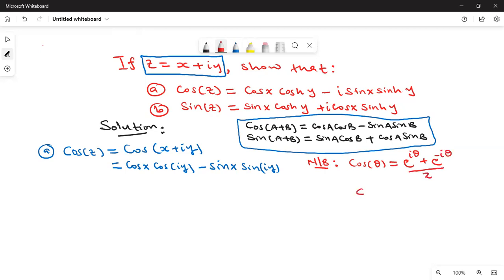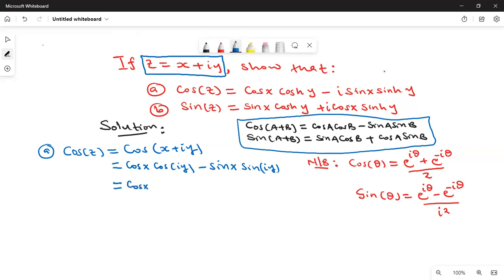We also know that sine of theta is equal to exponential i theta minus exponential negative i theta, divided by i2. We are going to use those two identities.